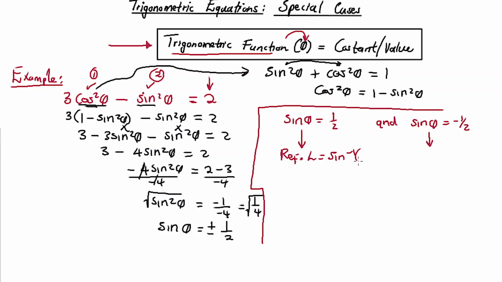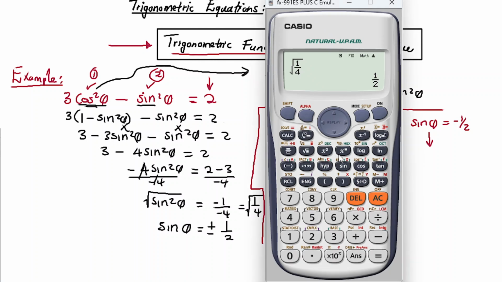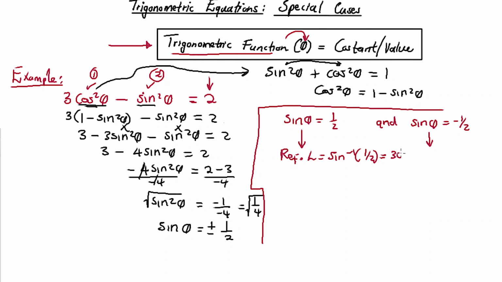So shift sine of 1 over 2. The answer is 30 degrees. So even here, the reference angle is also going to be 30 degrees. Remember, when we calculate the reference angle, we do not include the negative sign. So that is why I'm saying I'm going to get 30 degrees and 30 degrees.